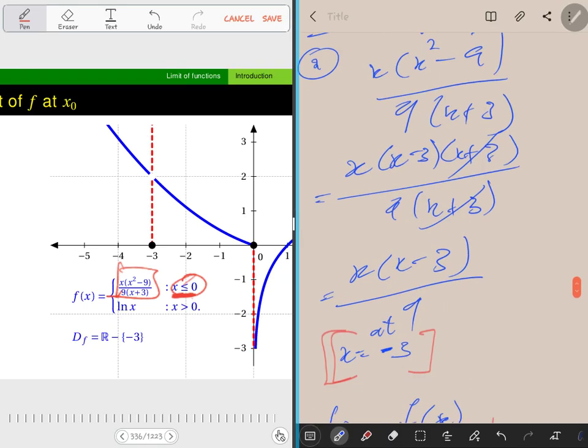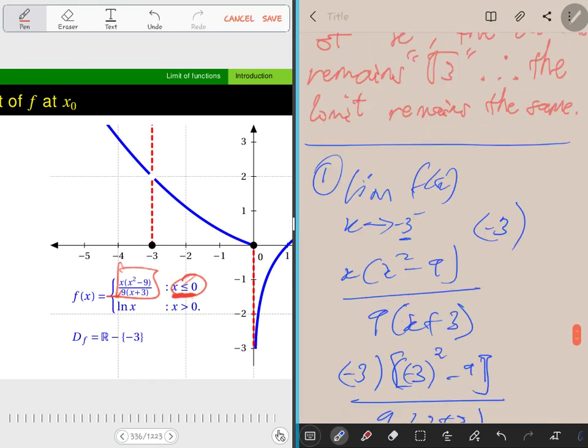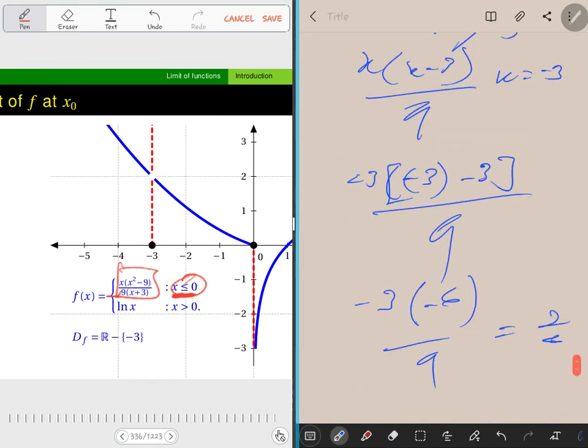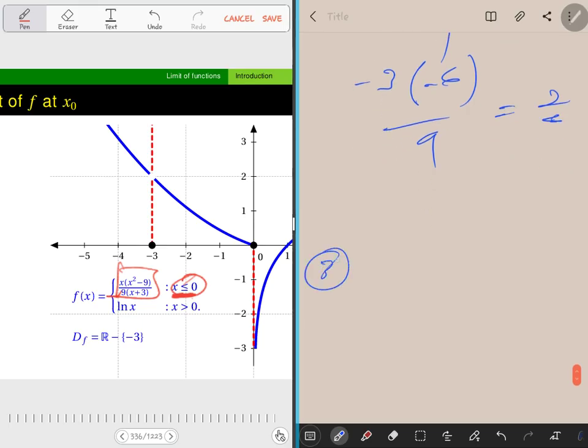Why? It means that f of x is actually a constant function. A constant function is a function where, irrespective of the input you put in, the value is still the same.